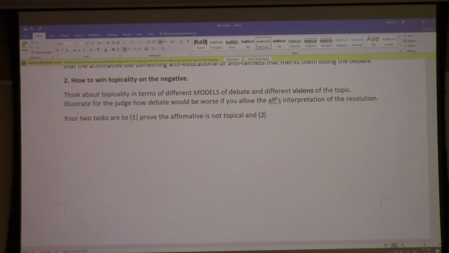And two, prove that this means that the affirmative should lose. So your goal as the negative is almost always to prove that a more limited version of the topic is better.